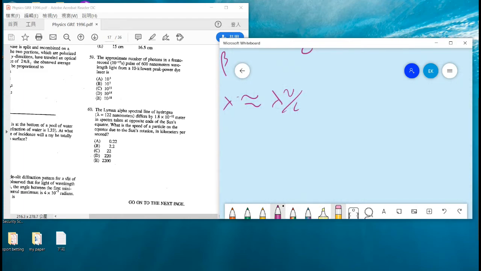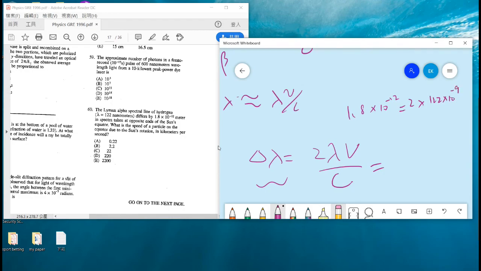But remember, this question is asking about taking opposite ends of the equator. So basically, one is V plus C, one is V minus C. So your delta lambda actually is 2 lambda V divided by C. So this is the difference: 1.8 times 10 to the negative 12 equals 2 times the original lambda, times V, which we don't know, divided by 3 times 10 to the 8.